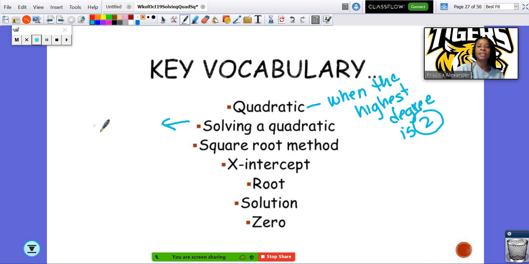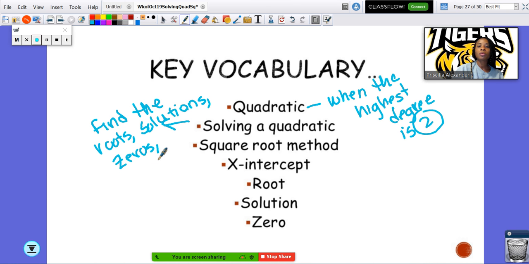Solving a quadratic means to find the roots, solutions, zeros, or x-intercepts. All of those mean the same thing. That's what these words mean down here, and I'll tell you what they mean in just a minute.